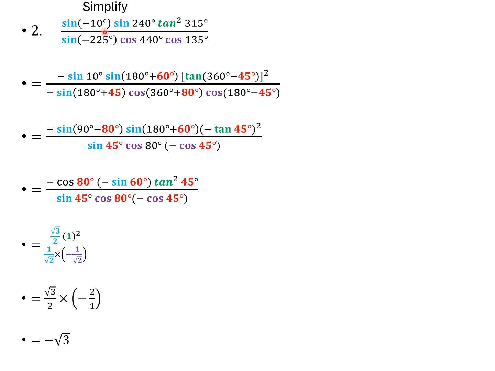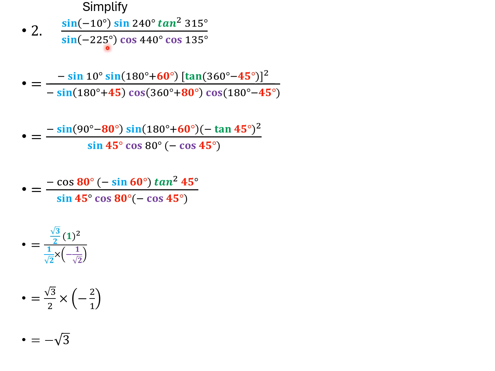We have sine negative 10, sine 240, tan squared 315, sine negative 225, cos 440, and cos 135. So we literally give you 1 mark for each correct reduction. Sine negative 10 would give me negative sine 10 degrees. 240 is 180 plus 60. Tan squared 315 gives me 360 minus 45, but remember the square is outside.